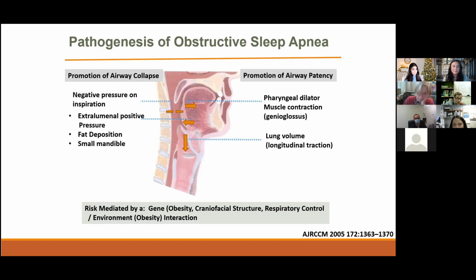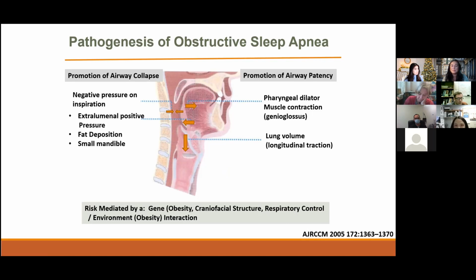So the pathogenesis of obstructive sleep apnea is actually fairly complex. There's a lot more to it than just being overweight and your airway collapsing. This was a paper by David White, which described the anatomic features of sleep apnea. It's really the relationship between things that promote airway collapse and things that promote airway patency.